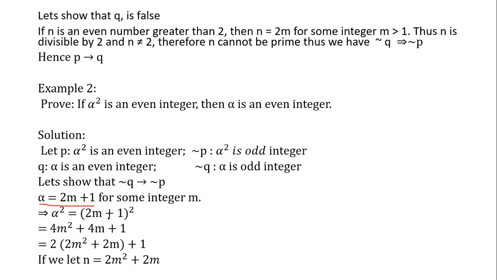When you expand the bracket, it will give us 4m squared plus 4m plus 1.